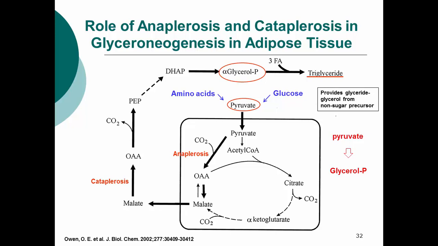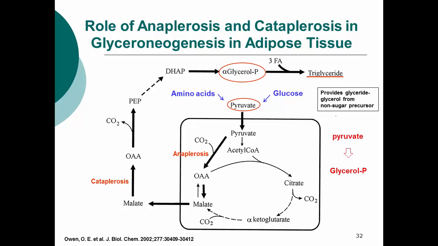So this is sort of the pathway. Pyruvate that can be metabolized from glucose or amino acids, both, then enters the TCA cycle, right? And utilizes the TCA cycle through the anaplerosis and cataplerosis processes for making glycerol phosphate. And this is the important glycerol backbone for synthesis of triglyceride, together with three free fatty acid molecules, right?